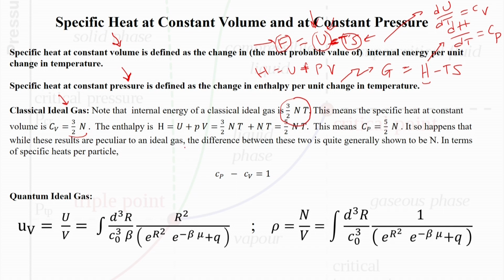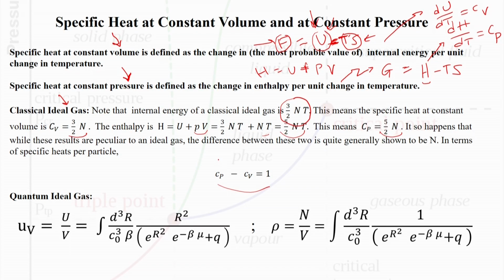We also know, for instance, that the equation of state for a classical ideal gas is Pv equals NT. So, if I add U plus Pv, which is the definition of enthalpy, I get 5/2 NT. Now the rate of change of enthalpy with temperature is 5/2 n. If you take the difference between the two, I get something proportional to n, and of course, the uppercase C refers to the specific heat of the system as such, whereas the lowercase c refers to the specific heat of the system per particle.